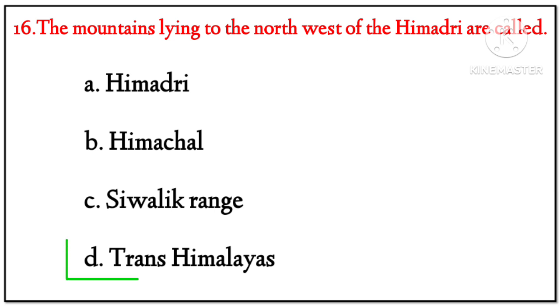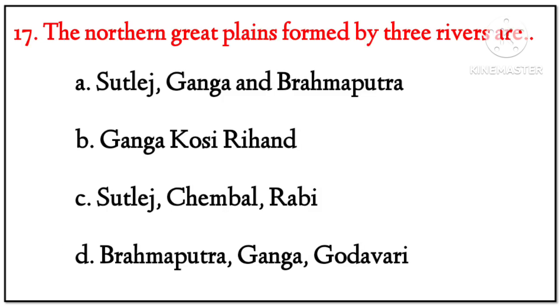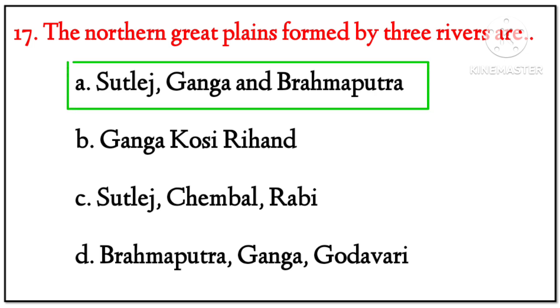Our right option is the final one, D, Trans Himalayas. 17th, the Northern Great Plains are formed by the three rivers: Satluj, Ganga, Brahmaputra; Ganga, Kosi, Rihand; Satluj, Chambal, Ravi; Brahmaputra, Ganga, Godavari. Our right option is the first one, Satluj, Ganga, and Brahmaputra.